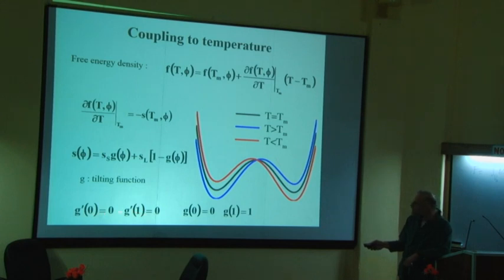And I will come back to this just in a second. So you see, this is an interpolation of the entropy, and I can put this here, and I get a closed expression of the free energy in terms of phi and t.